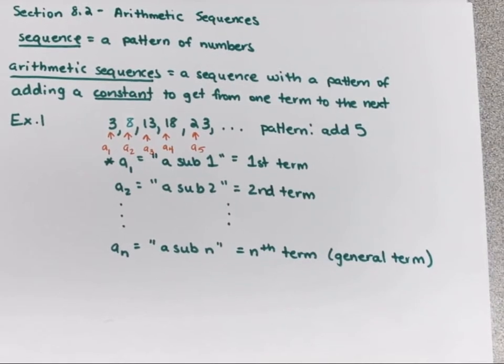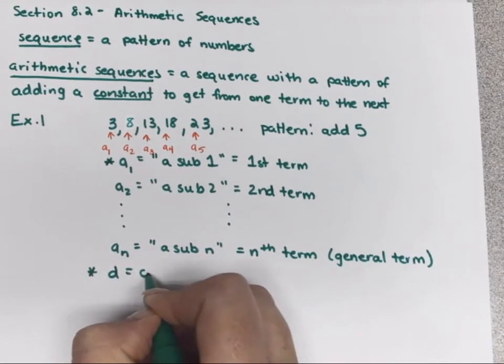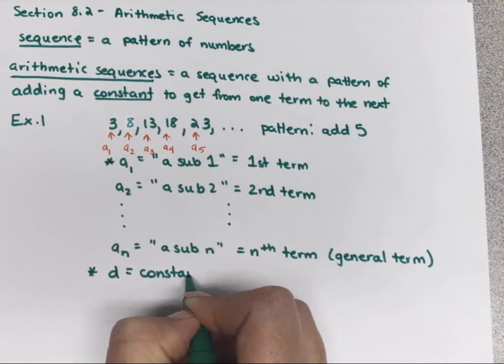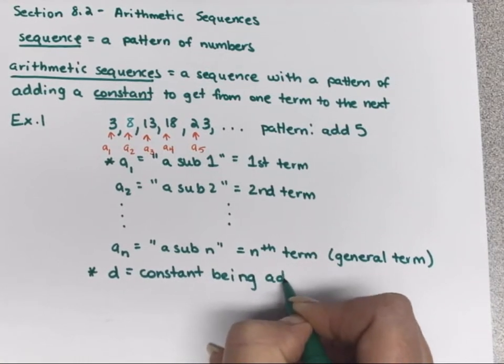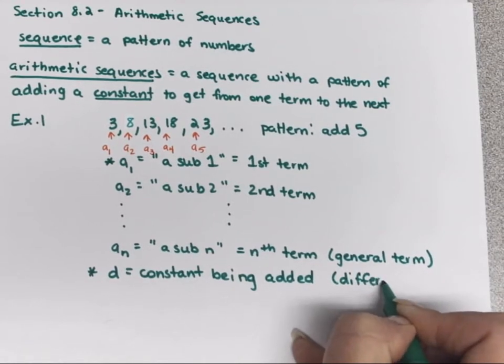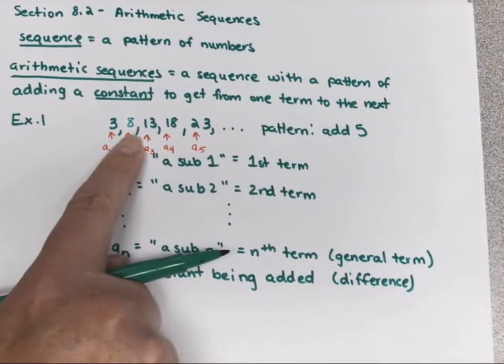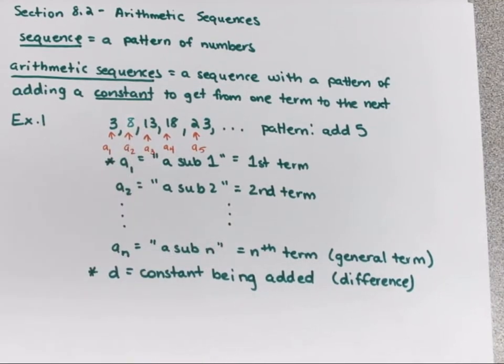So A sub whatever just means that number term. Okay, and then D represents the constant being added every time. And D stands for difference, because the difference between, for instance, 8 and 3 is 5, right? The difference between 13 and 8 is 5, and so on and so forth.